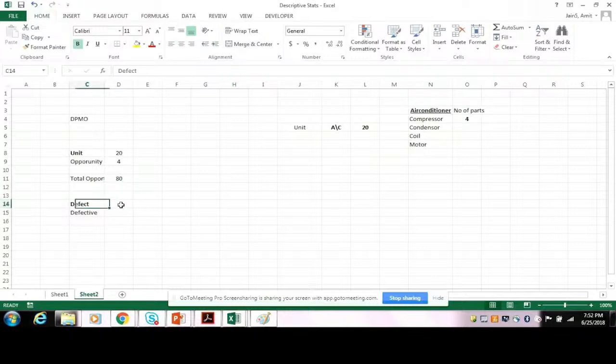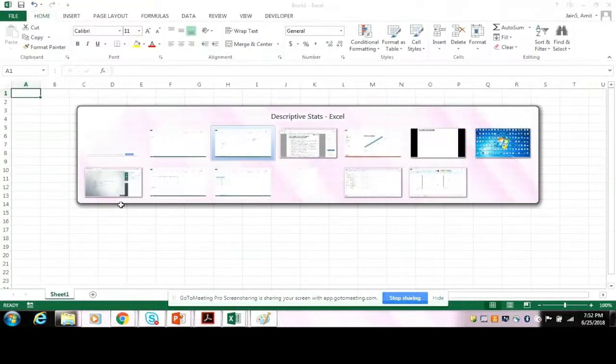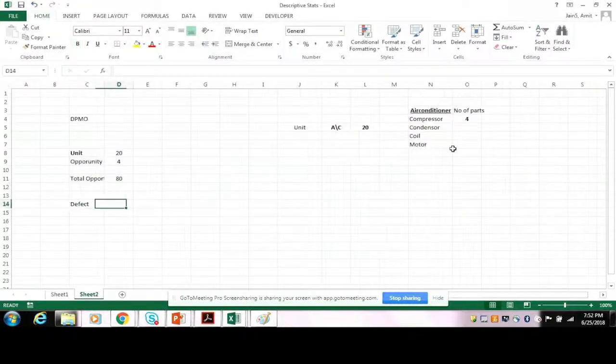Right? Let's say out of 20 that we have produced, forget the defective units right now. What we found out is that there were altogether 8 defects. The coil was not working 4 times and the motor was not working 4 times.